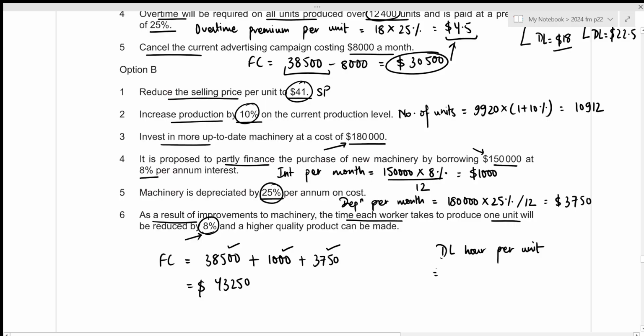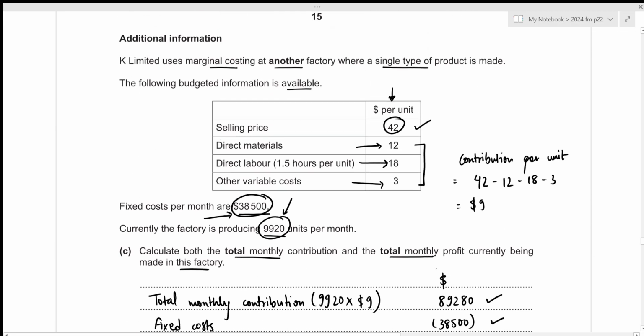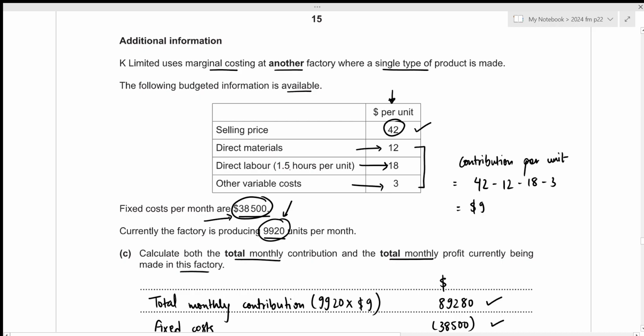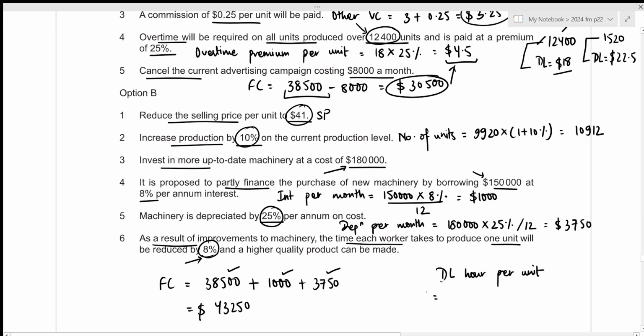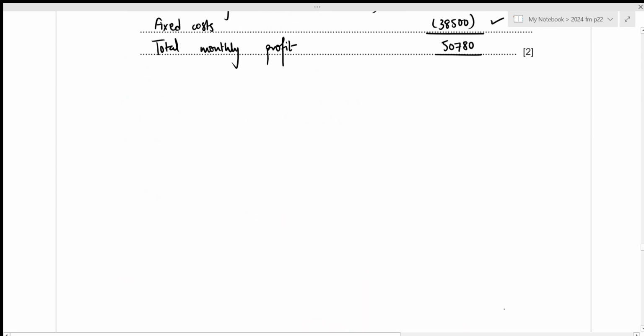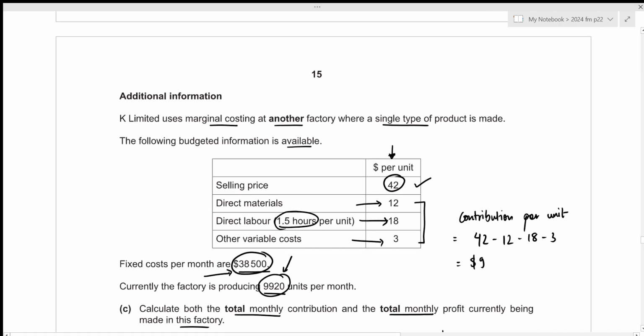Okay, let's see. Previously, we were told that each unit requires 1.5 hours of direct labor. Now we are reducing this 1.5 by 8%. So times 1 minus 8%. This results in 1.38 hour. Now we also need to recalculate the direct labor per unit.